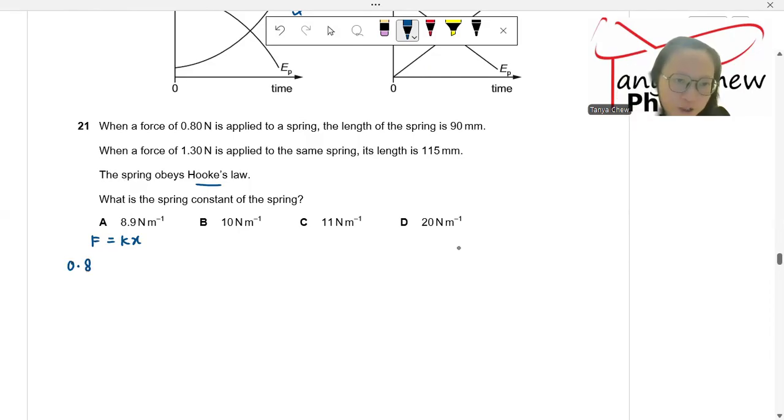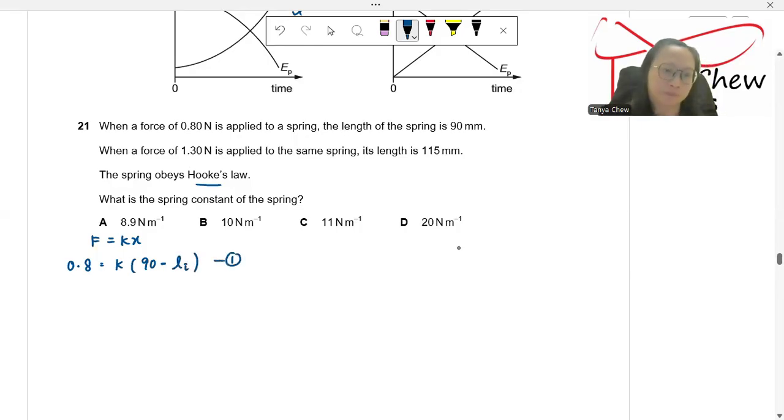The first one is 0.8 Newton, and K is the spring constant. But they say the length of the spring becomes 90 millimeter. They didn't give us the initial length of the spring. That is why I have to use 90 minus the initial length of the spring, L initial. I put that as my first equation. Now, when the force is 1.3, the final length of the spring is 115, and the initial length is not given. For the second equation, I divide it by the first equation.